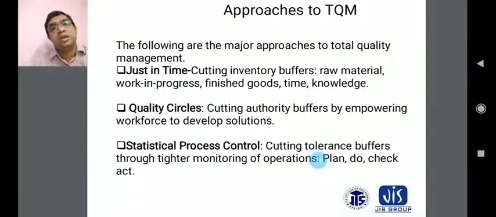These 2 to 3 days are taken according to your cutting inventory buffers. What raw materials are required, and whether those raw materials are available in your house or in your company. Then you take the orders and start the job.